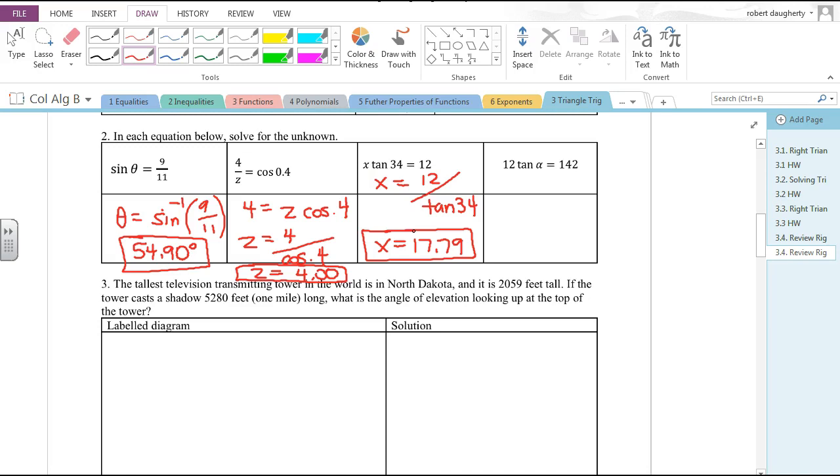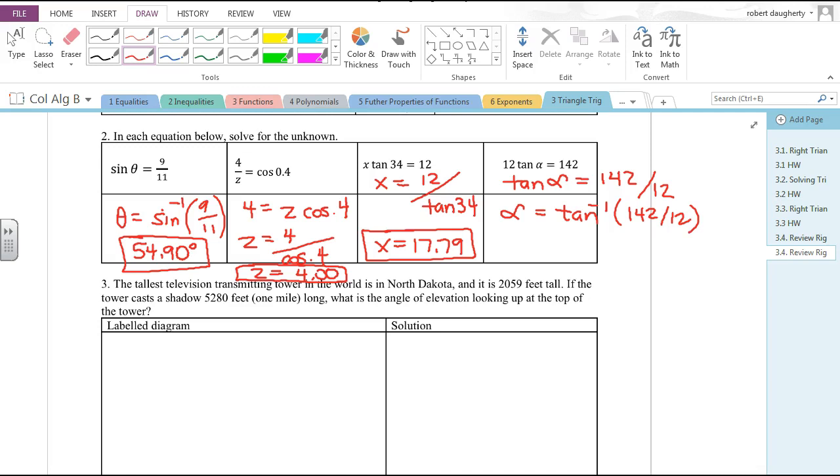12 tan alpha equals 142. Again, solving for the angle. This means that the tangent of alpha is 142 divided by 12. So anytime I solve for the angle, that's going to be the inverse tangent of 142 over 12.